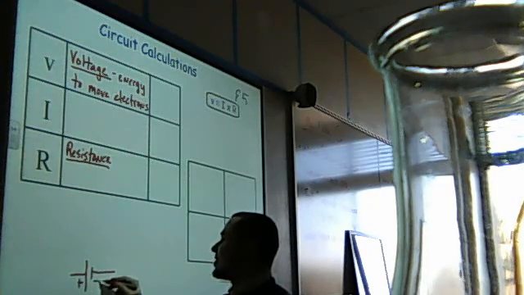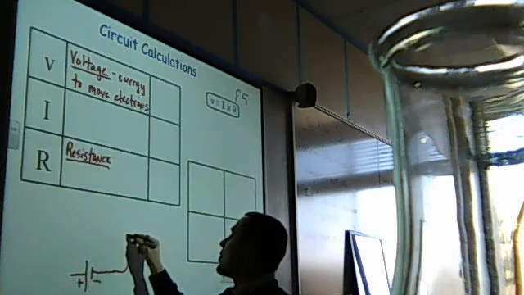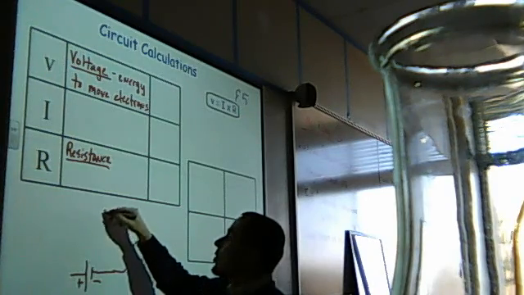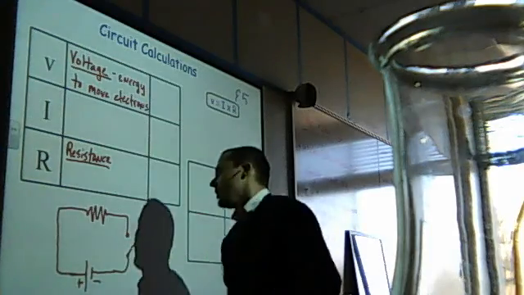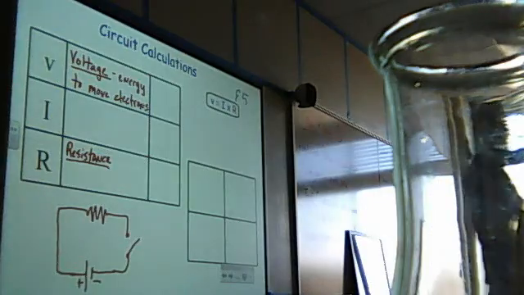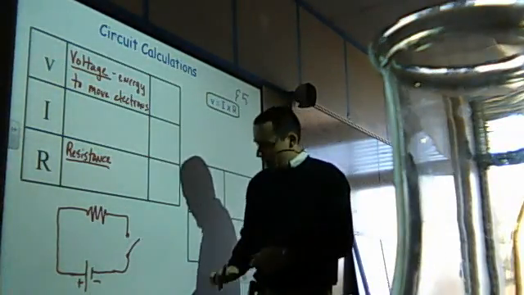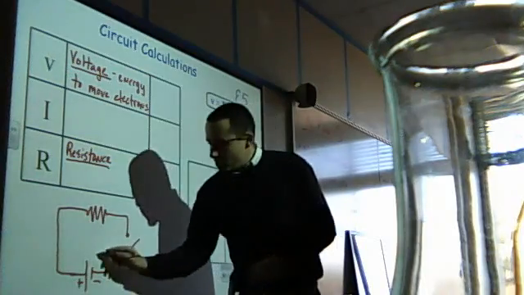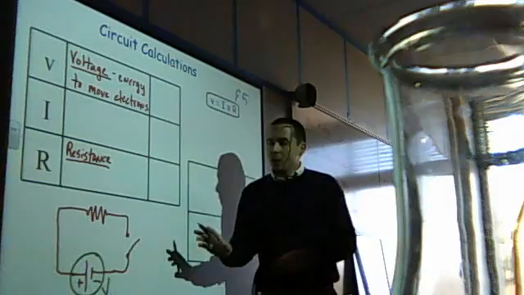We might draw it at the end. There's a schematic of a simple series circuit. It's something that all of you could easily build right now. Your voltage is your battery. That's what's supplying the energy to move the electrons.